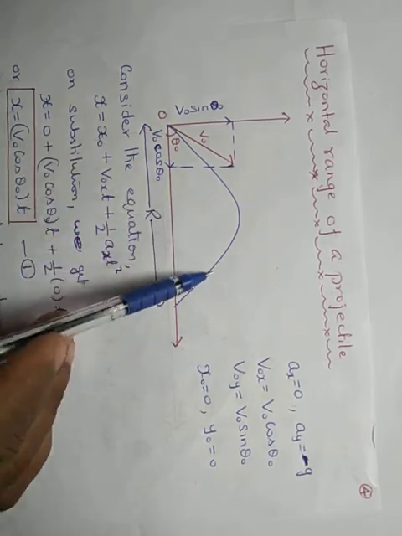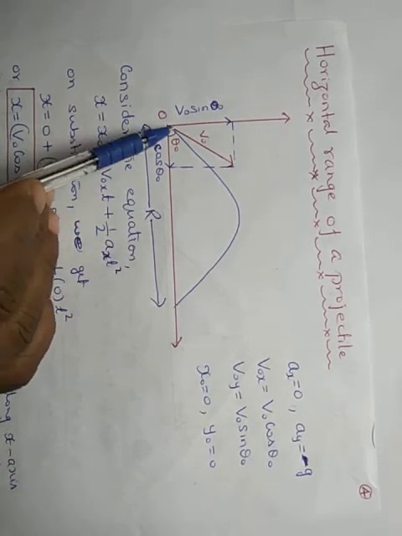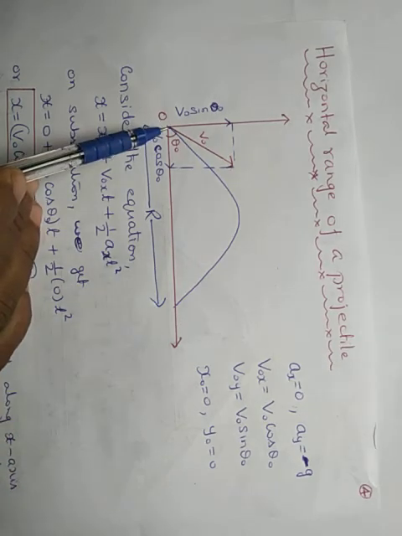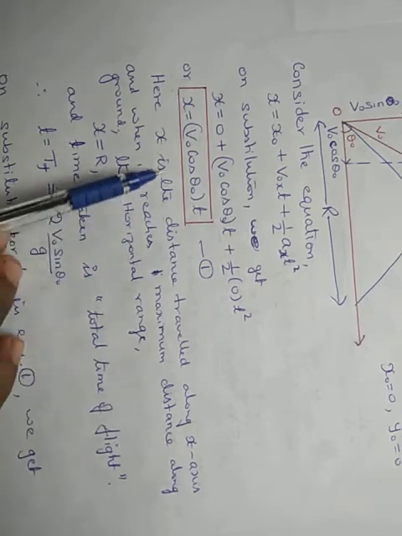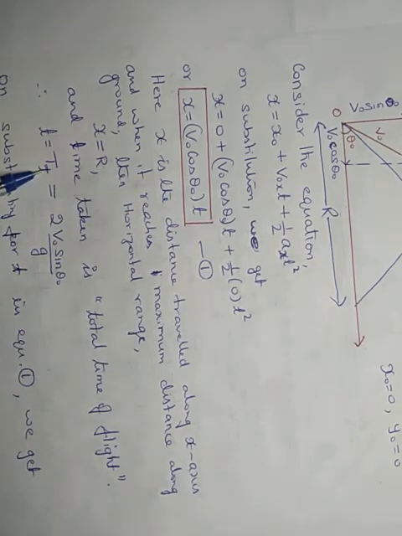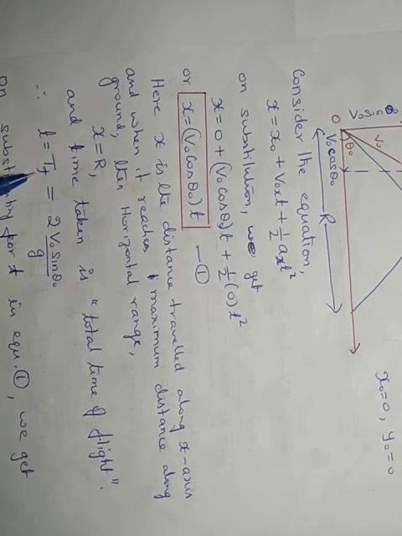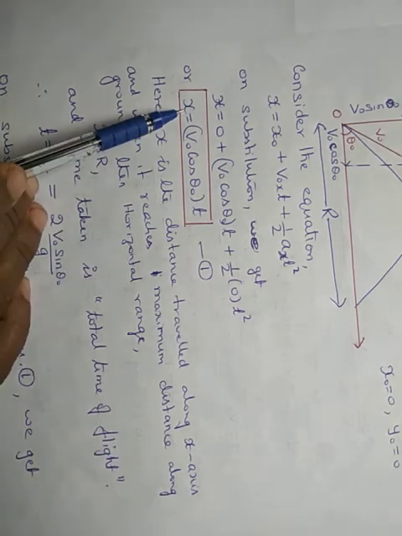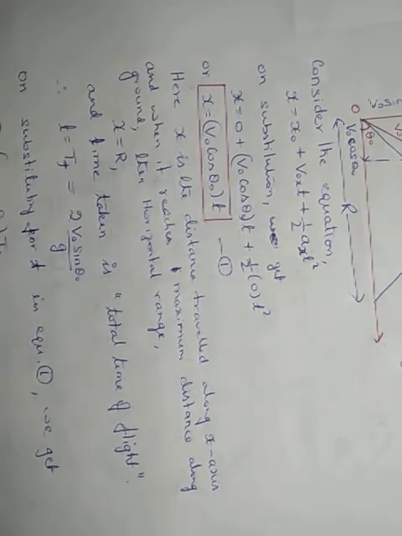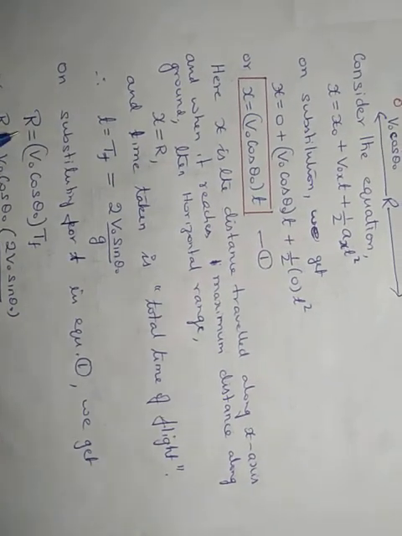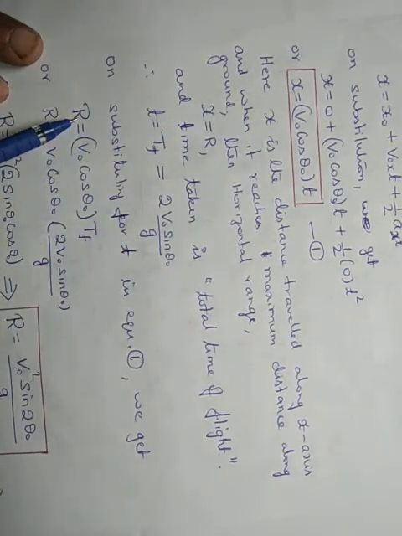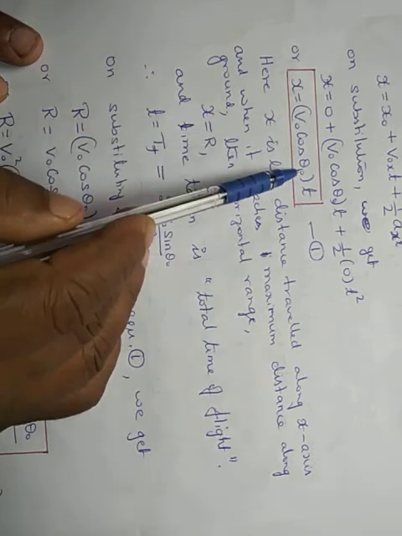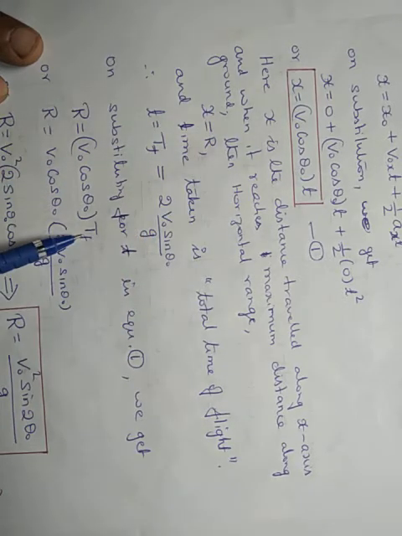Total time of flight is when it reaches the same height. So wherever t is there, we have to write Tf. In the place of x, you can write R, the range: V naught cos theta naught into Tf.